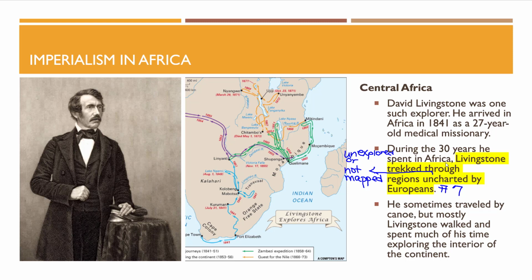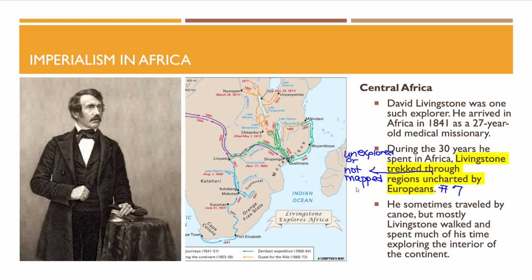That's what we mean by uncharted: unexplored or not mapped by Europeans. Of course, there were tribes that existed there, but as far as Europeans are concerned, they were not aware of those areas yet until Dr. David Livingstone made his way through there. Okay.